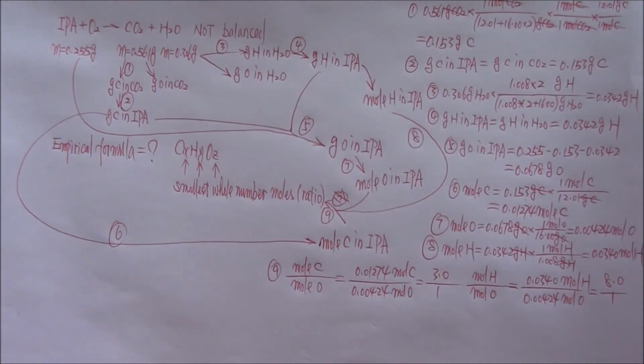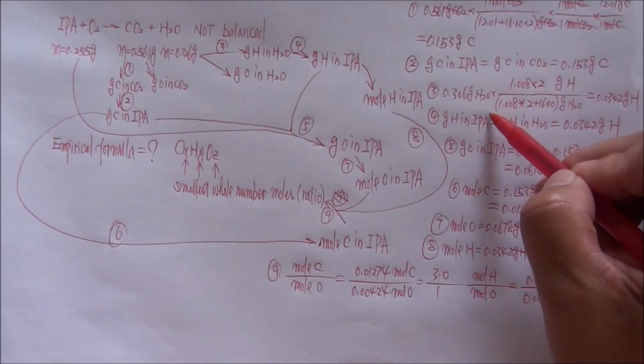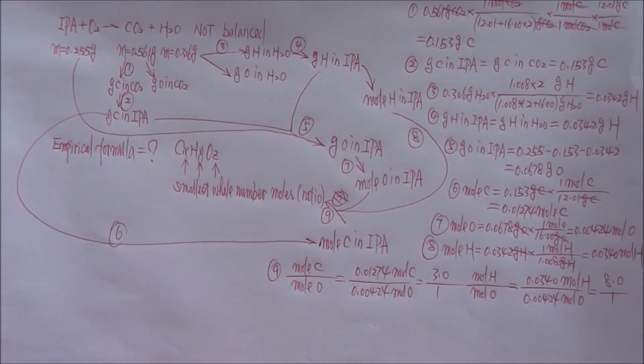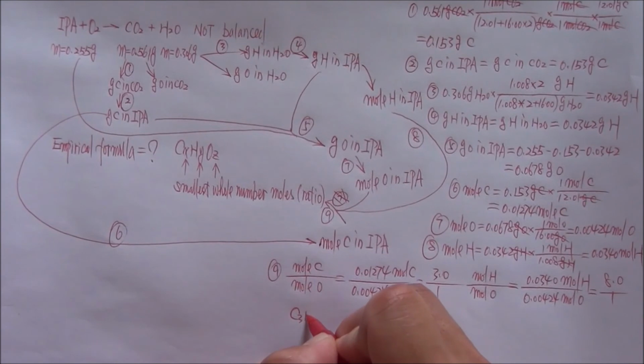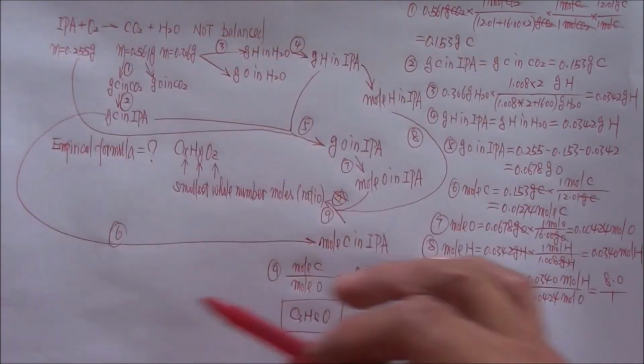When I calculate the mass of hydrogen, I just use the definition of the percentage of mass of an element in a molecule. From our calculation, the final answer, the empirical formula of IPA should be C3H8O.